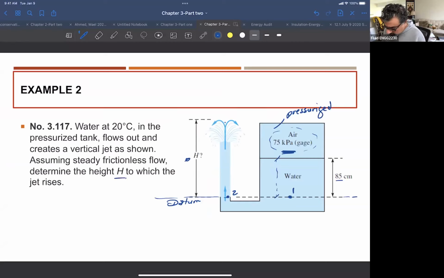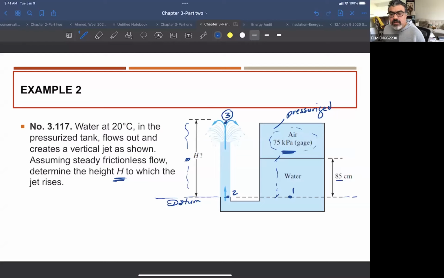H is required. It looks like I have to use another point here, right? How can we determine the relation between this H and the other variables that we have known in the system?